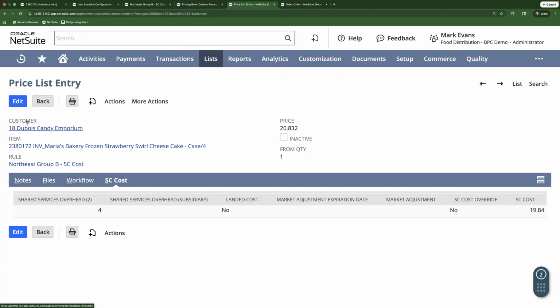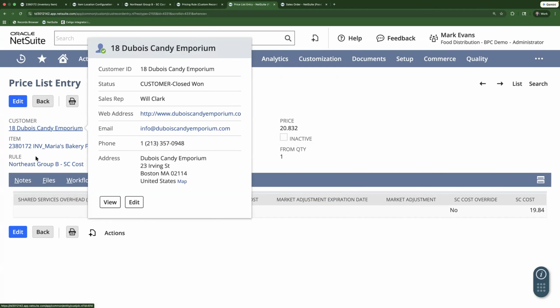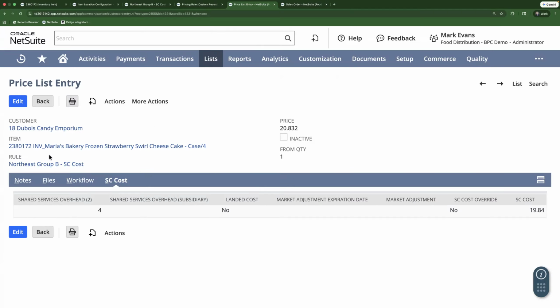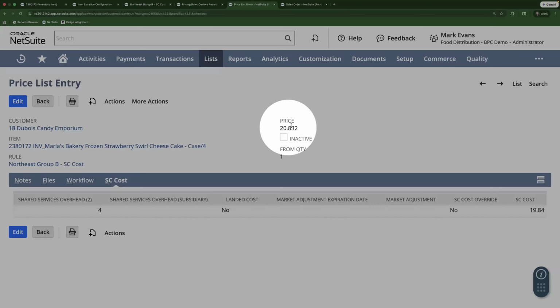And in this example, this customer happens to be in the required customer pricing group, and this item happens to be in the right item pricing group, such that the rule we were just looking at now pertains. So for Dubois Candy Emporium buying this particular strawberry cheesecake, I am going to add 5% to the SC cost, and their sales price will be this value here.